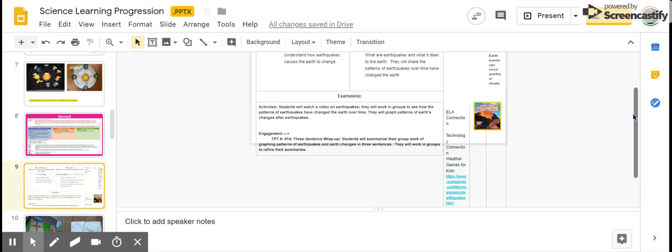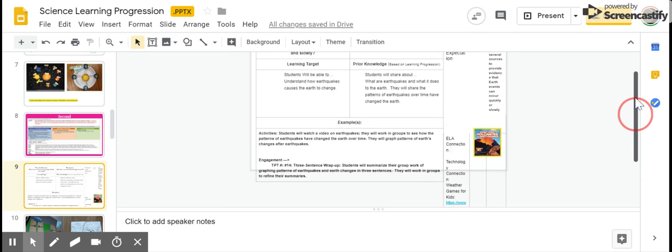Students will summarize with their group the patterns of earthquakes and how the Earth changes. In 3 sentences, they will work in their groups to refine those summaries. So that is the end of K through second grade on Earth systems.